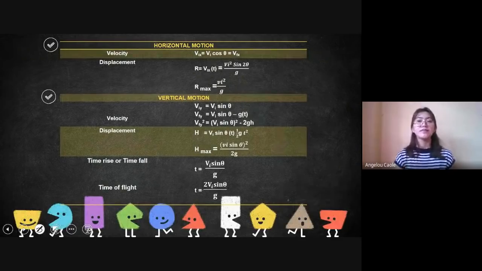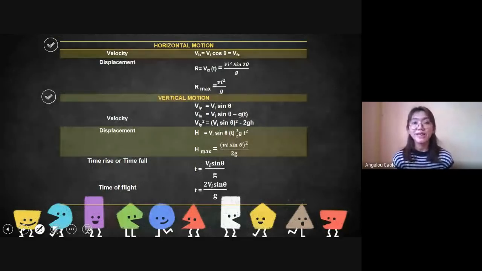So let's now proceed to the vertically launched projectile, or the second condition. We have formulas under horizontal motion. For velocity, we have V_x is equal to V_i cosine theta.